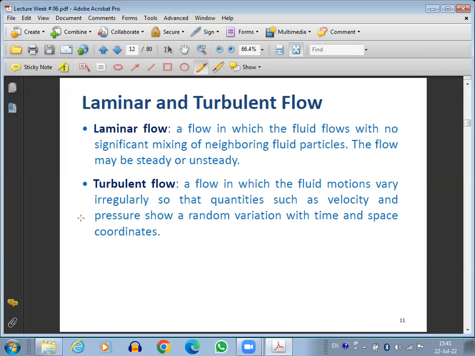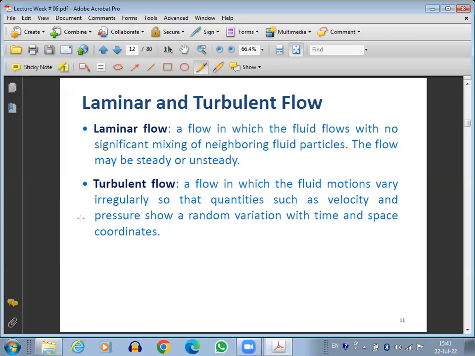If I generally define, laminar flow is a very smooth flow. Turbulent flow is haphazard. There's a lot of disturbance. A flow which is disturbed. When you look at the flow, it looks like the flow is hugely disturbed. But if it is laminar flow, it's very calm, steady, smooth.